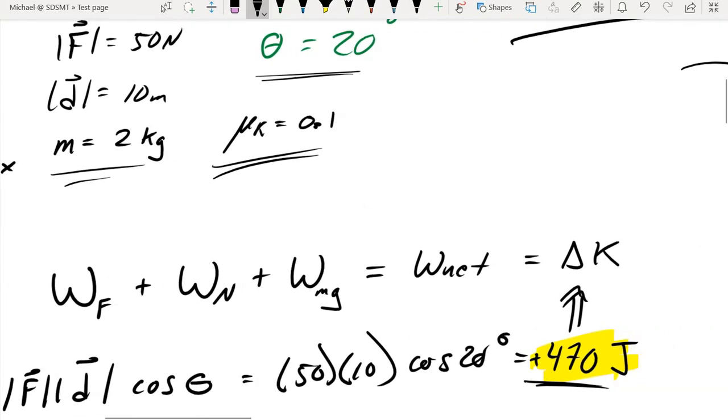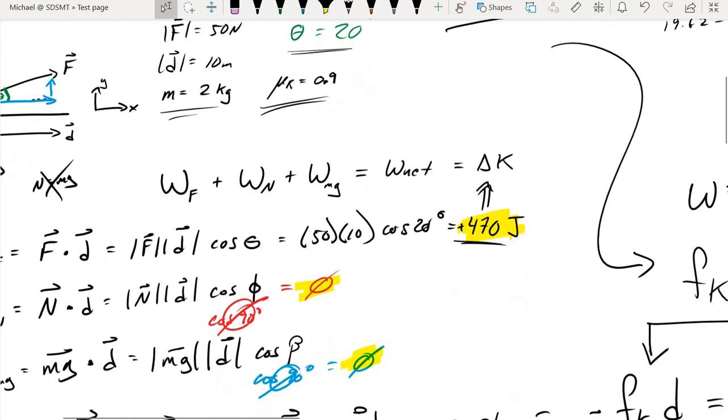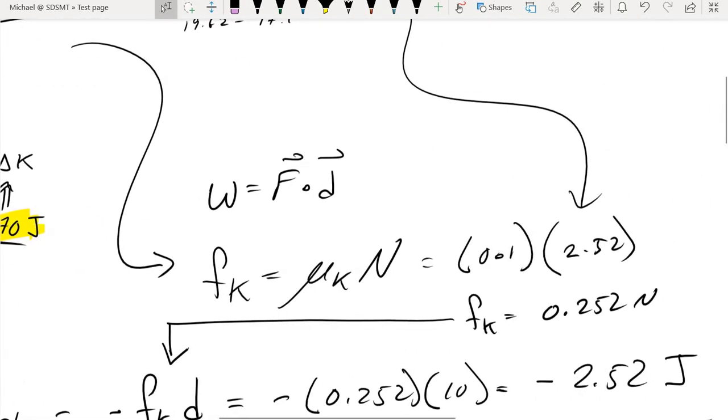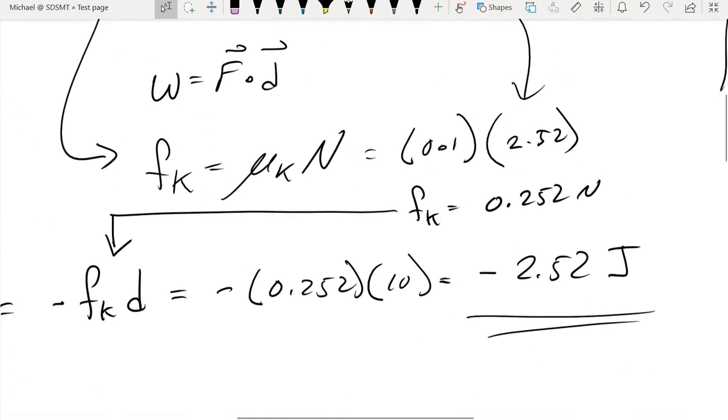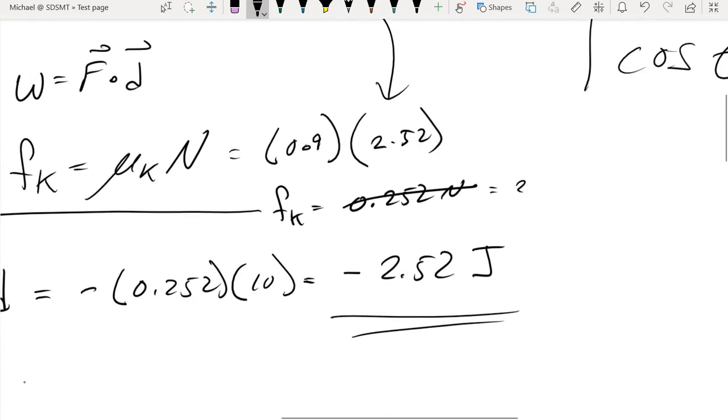But if we wanted to change out the surface, maybe make this 0.9 instead of 0.1, how would that affect things? Well, we would come down to our friction expression, and we would change this to a 0.9, which would change that to 2.268, which would change this to a negative 22.68.